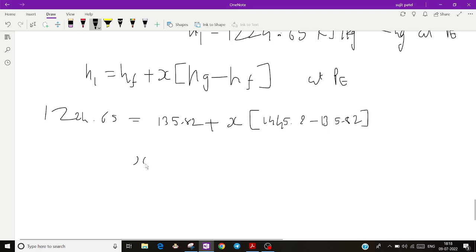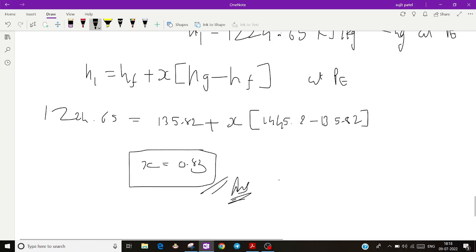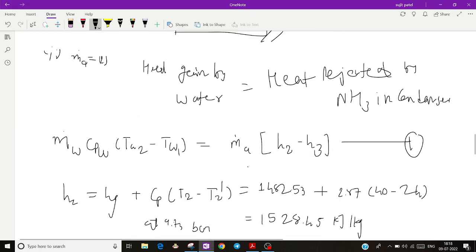When you solve this, you will get X equal to 0.83. So this is the dryness fraction at the inlet of the compressor, or you can say the exit of the evaporator. So this is the answer, all the four answers that we had to find.